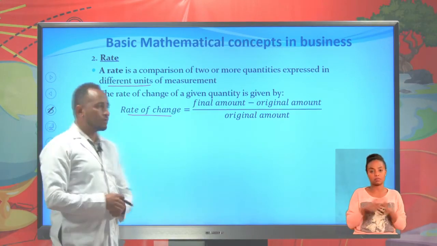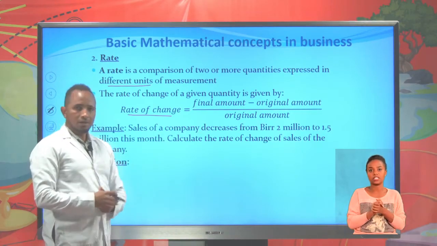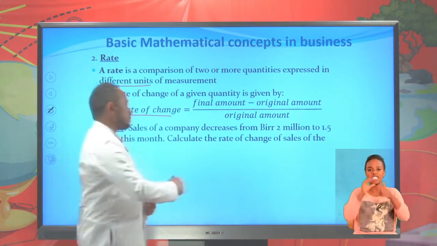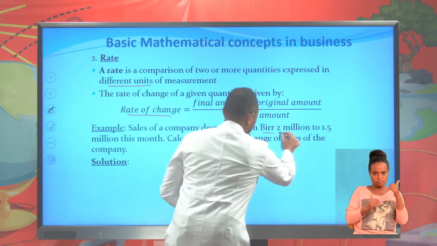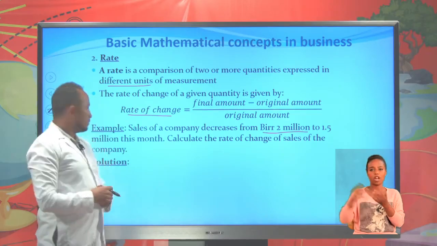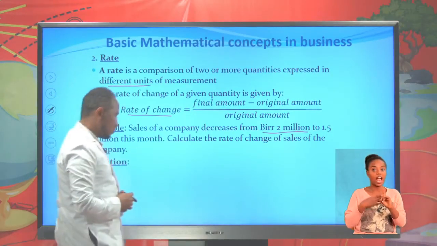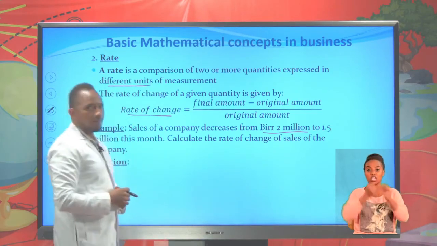So let's see an example for this. Sales of a company decreased from 2 million last month to 1.5 million this month. Calculate the rate of change of the sales of the company.